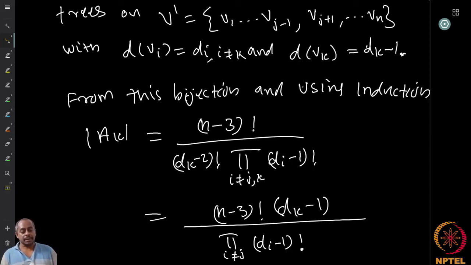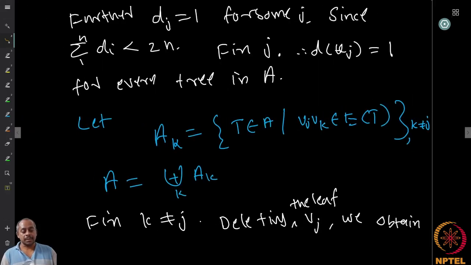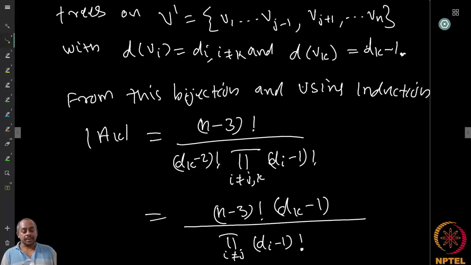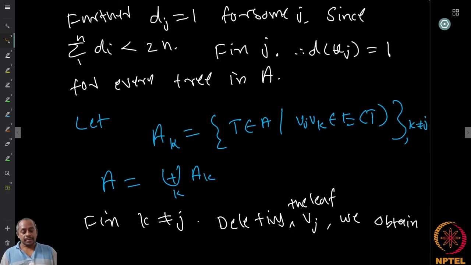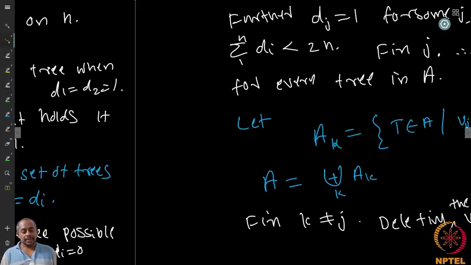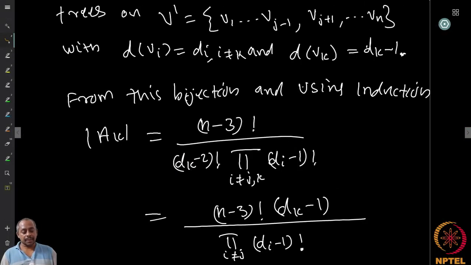Whatever is the number of vertices, which is n minus 1 in this case, n minus 2 becomes n minus 1 minus 2, so we have (n minus 3) factorial divided by the degree sequence terms, (di minus 1) factorial, and so on. The first one is the degree of Vk, dk minus 1, so that minus 1 gives (dk minus 2) factorial, then the product over all the other remaining terms, (di minus 1) factorial for i not equal to j and k.